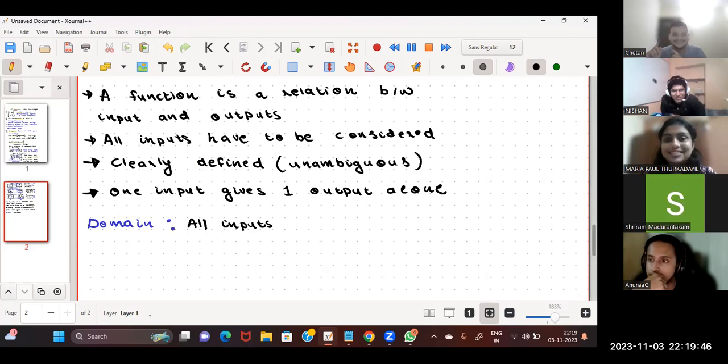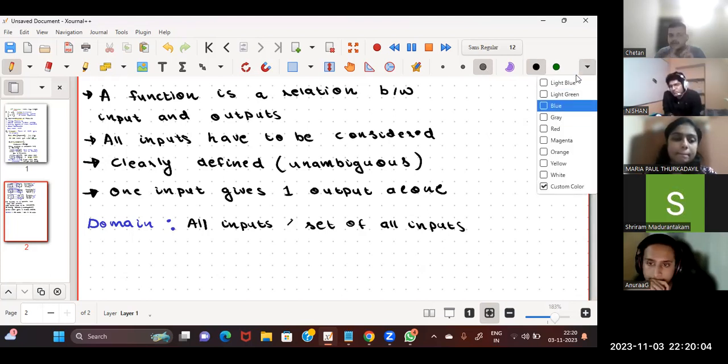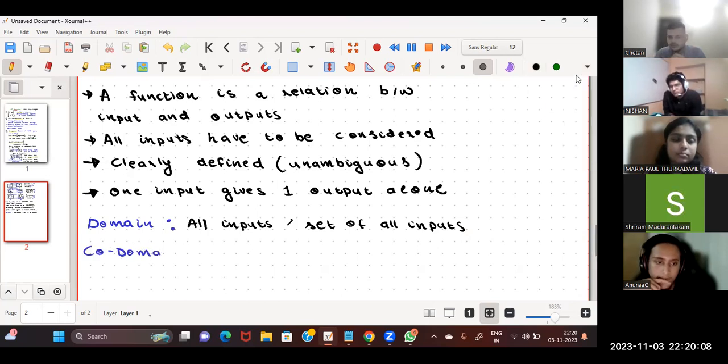Okay. All possible outputs. So that's your codomain. The second box represents your codomain. You probably won't get all the outputs, but those are your possible outputs. So you first need to define what is your domain and what is your codomain when you're talking about functions. Only then you can talk about what is the actual output you are getting.